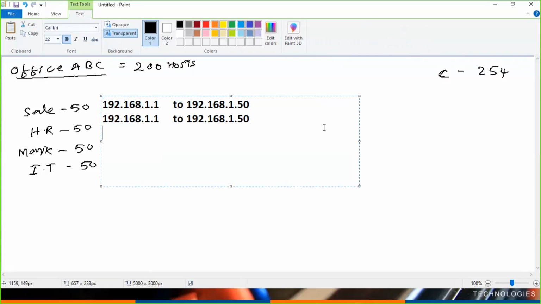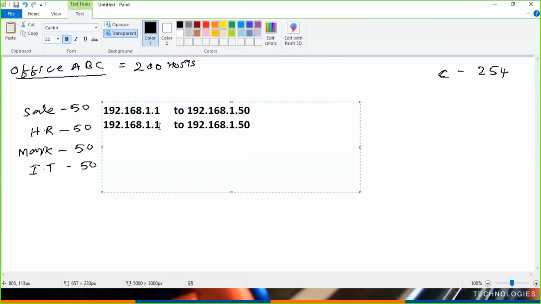For the HR department, 192.168.1.51 to 1.100. For the marketing department, 101 to 150.